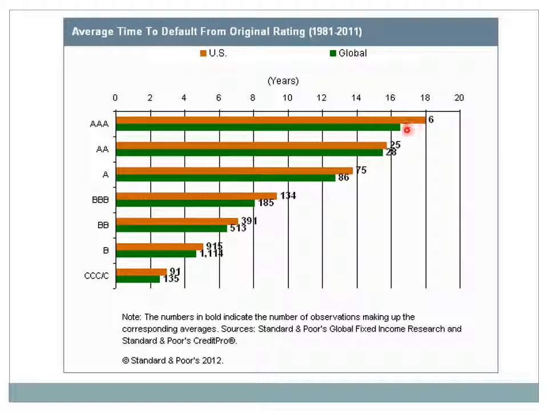There were 7 global firms, so outside the U.S., that defaulted within a little over 16 years. And with AA rated firms in the U.S., 25 that were originally AA rated defaulted in a little under 16 years. So it took them a long time to default. And of course, in 16 years, a lot of things can happen. And then globally, about 28 firms in roughly the same amount of time defaulted.